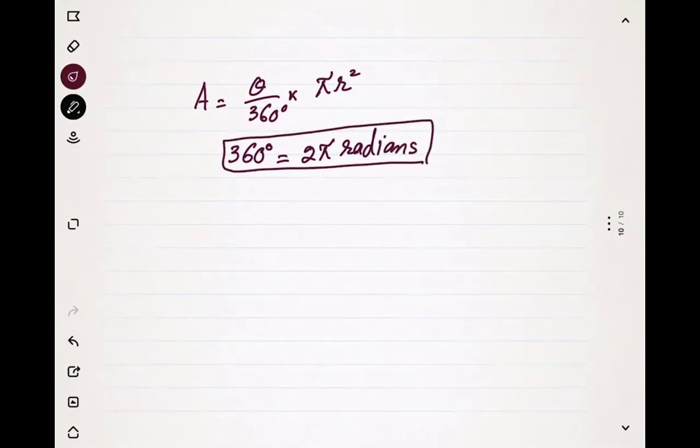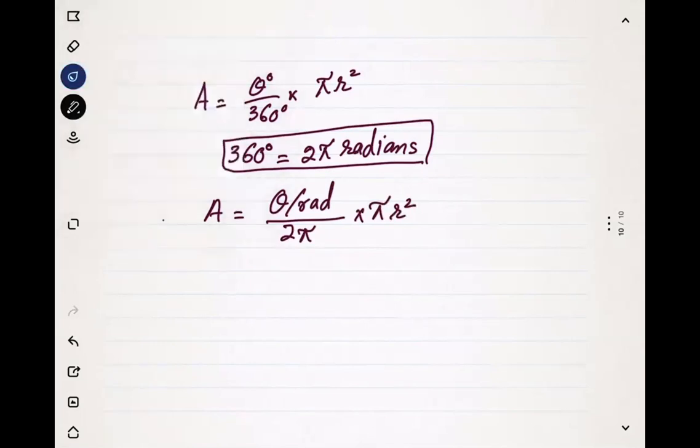If you convert the unit of angle from degrees to radians, then the same formula can be written as theta in radians divided by 2 pi into pi r square.